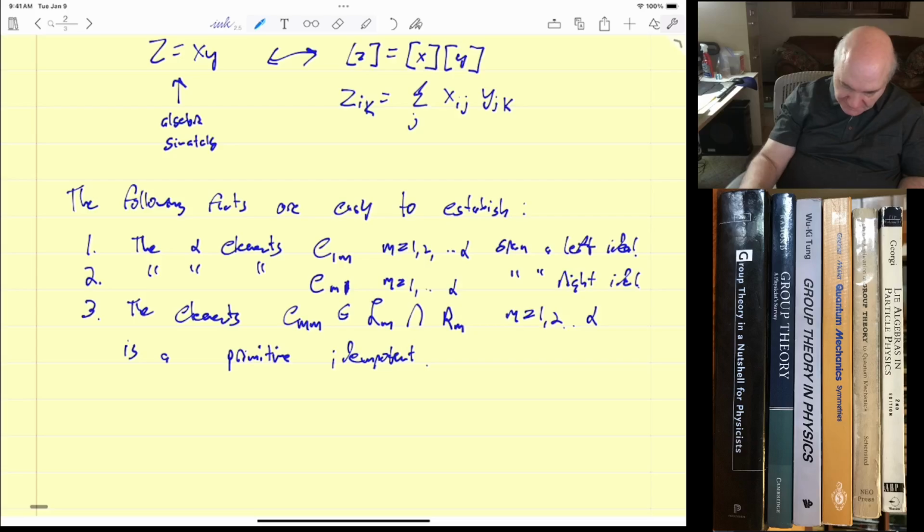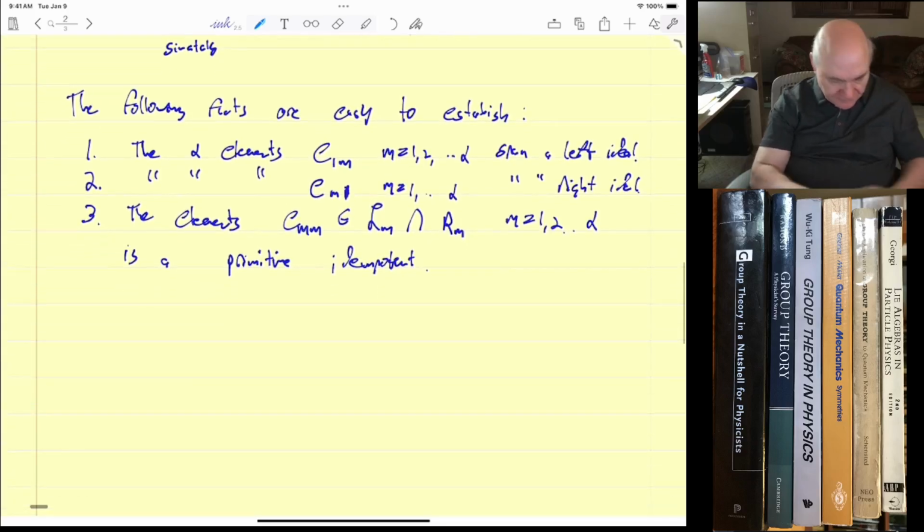This is very nice. And you might want to refresh your definition of a primitive idempotent. It means that its square is equal to itself, and it cannot be broken up into two other idempotents which square to themselves and which are mutually annihilating. That's what makes it primitive.